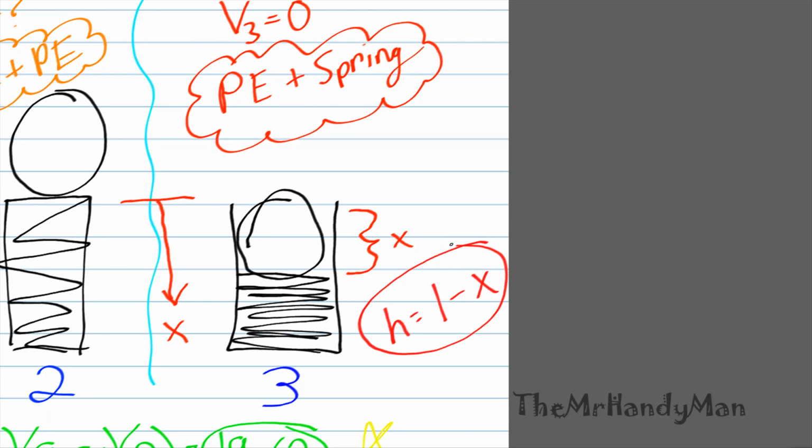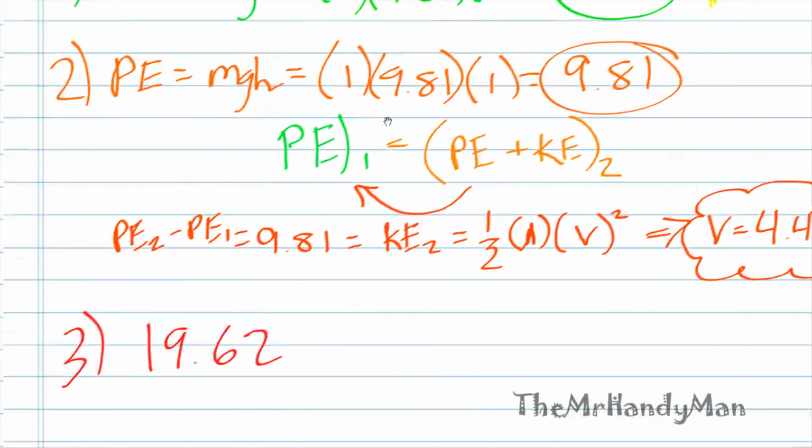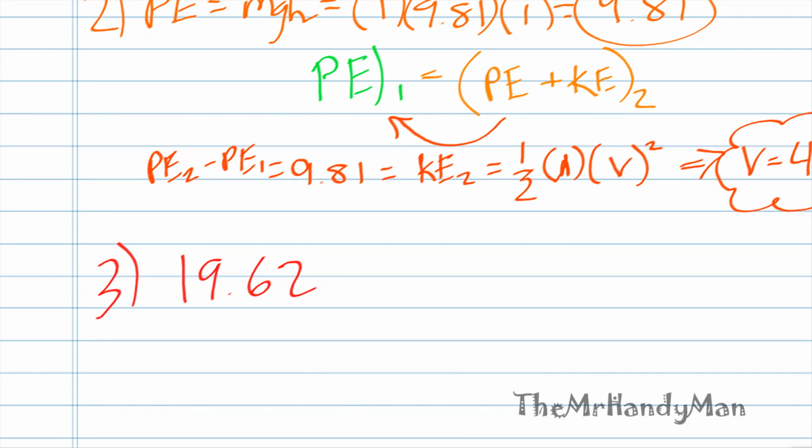And the spring energy is going to equal 1/2 kx squared. A little bit different, but looks very similar to some of the other ones. So if we were to toss this in, our solution is equal to potential energy plus the spring energy.